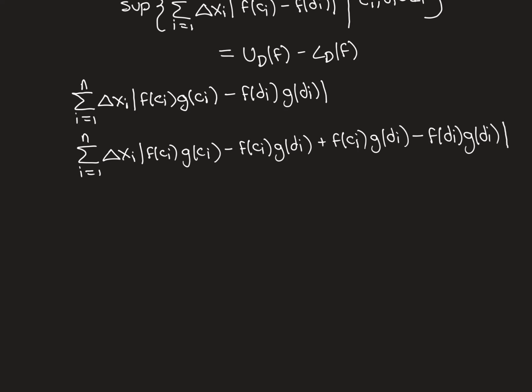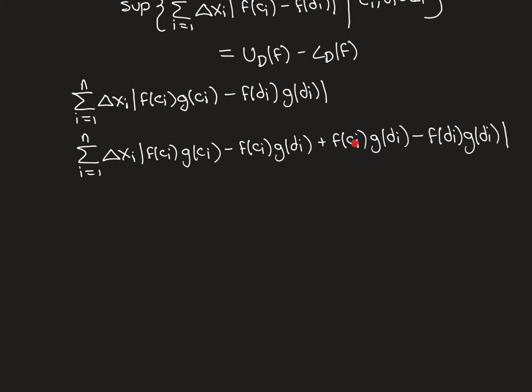So I've got the sum from i equals 1 to m, which is the same as up here. We've got times delta xi, so that bit hasn't changed. We've then got the mod of f at ci times g at ci, which is exactly the same. But here's the thing that we're subtracting off. We've got f evaluated at ci times g evaluated at di, plus we then add that back again.